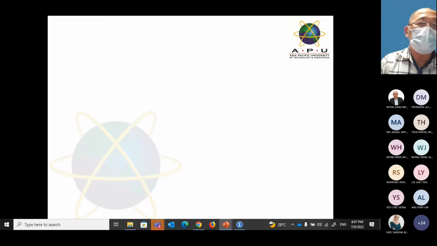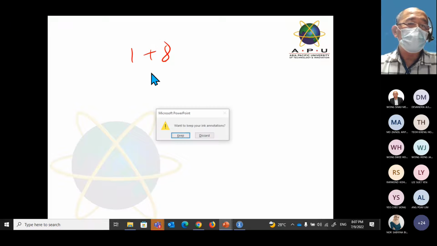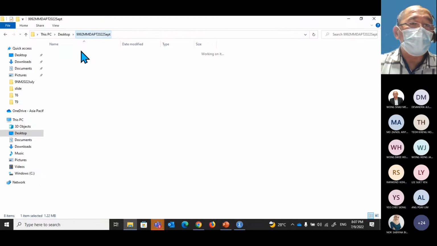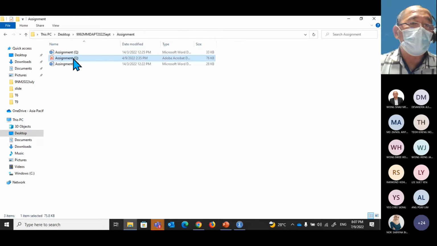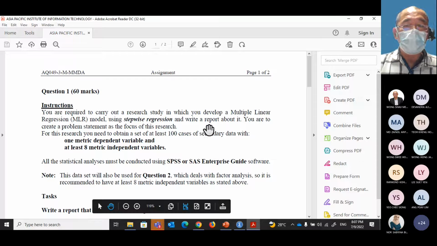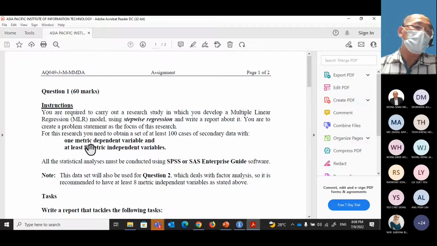So let's say 1 plus 8, correct or not, based on the assignment? Can anyone confirm? I think it should be correct. 1 plus 8 means one dependent. One metric dependent cannot be two, but independent can be more.